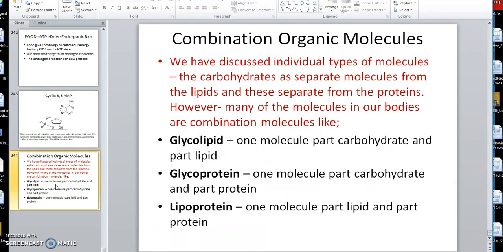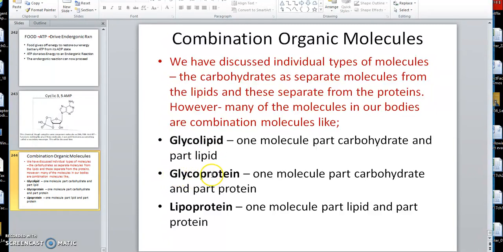The last statement I'm going to make is, up to now, we've kept everything independent. Carbohydrates separate from lipids. Lipids separate from proteins. But what you're going to see throughout the course, and even starting in chapter 3, is that many of our molecules are combinations. So a glycolipid is one molecule, part carb, part lipid.